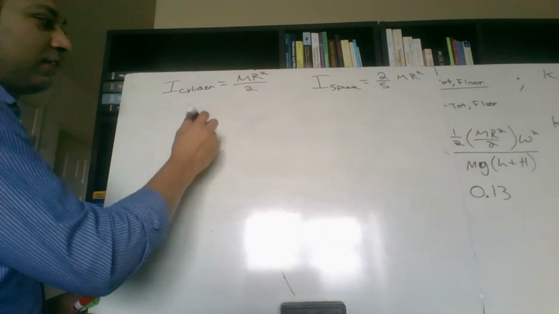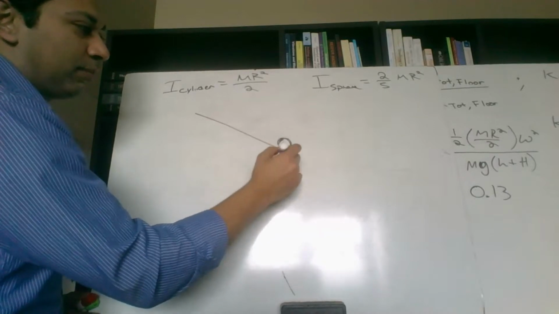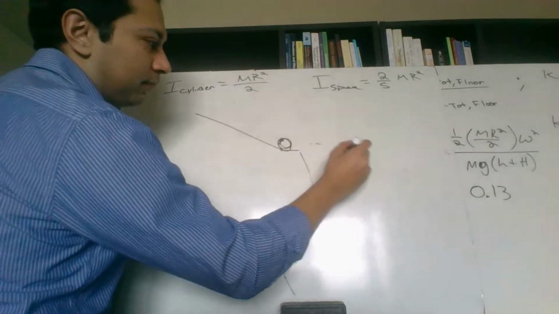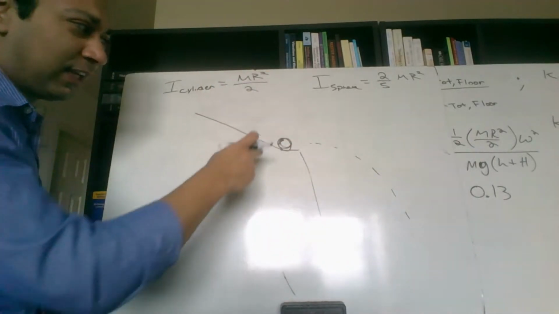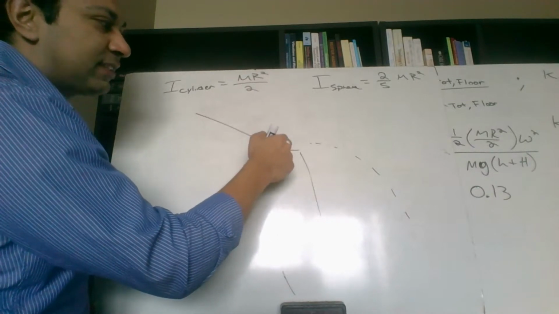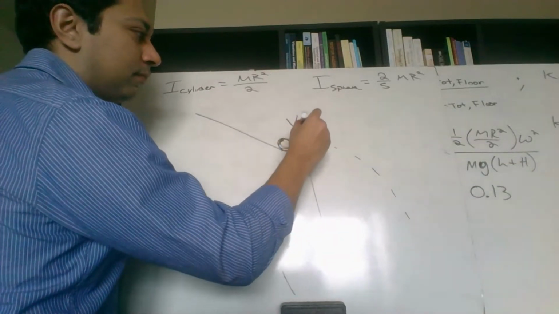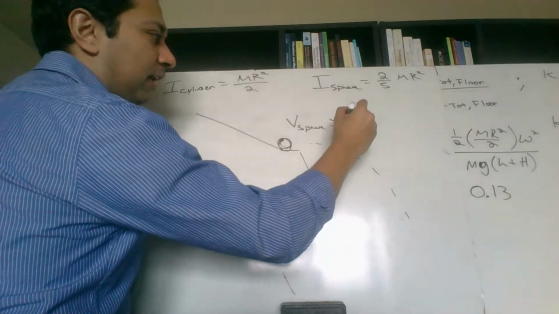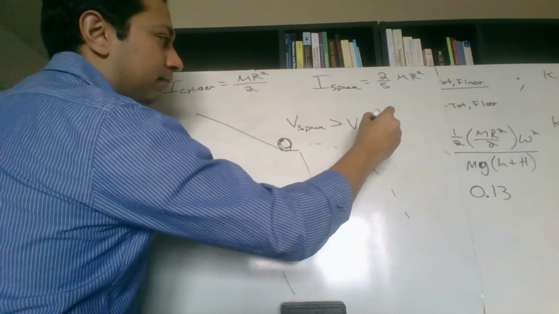So when you get to the bottom, before it launches off the table, it's going to have a greater omega speed. So at the bottom, the velocity of a sphere will be greater than the velocity of a cylinder.